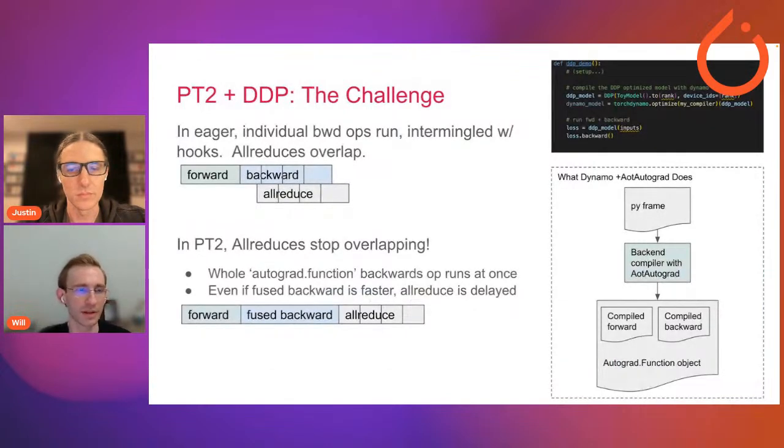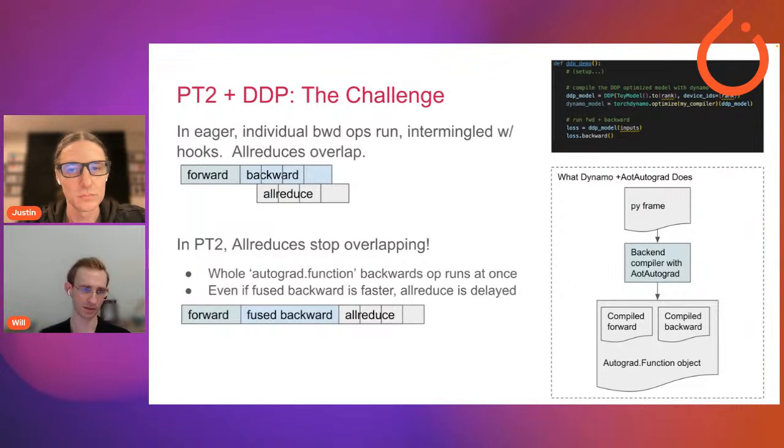And so plugging DDP into PyTorch 2 or torch.compile, we suspected right away that there's going to be a problem because, as I mentioned earlier, the autograd.function object that represents a compiled program is essentially an opaque thing from the perspective of eager autograd, and all of the backward operations for that compiled program happen all at once, and there's no chance for these all reduce operations to overlap anymore.